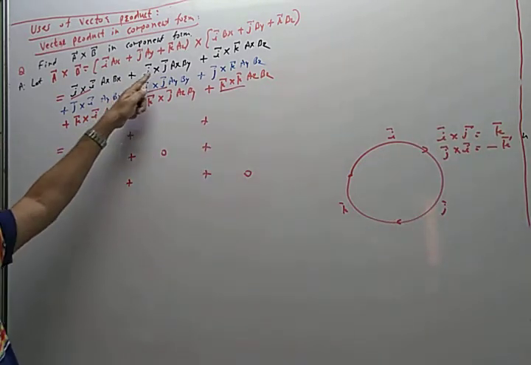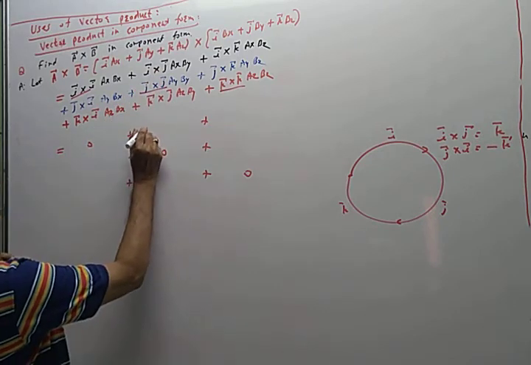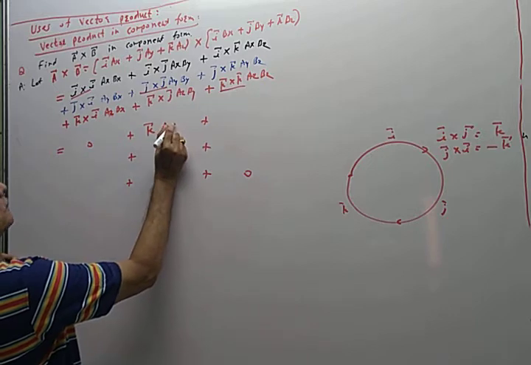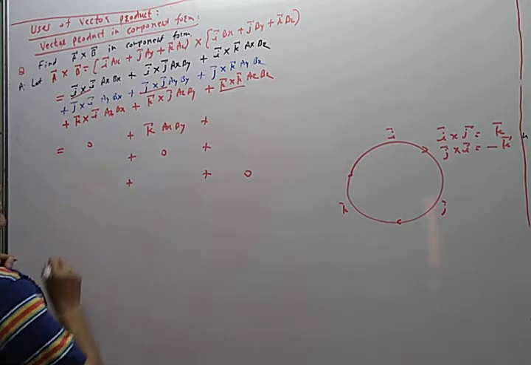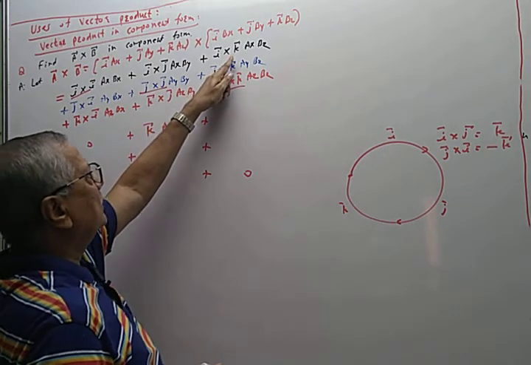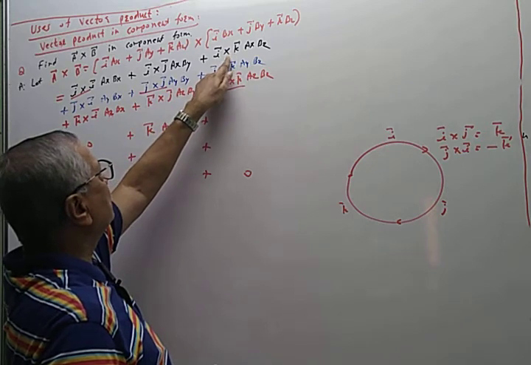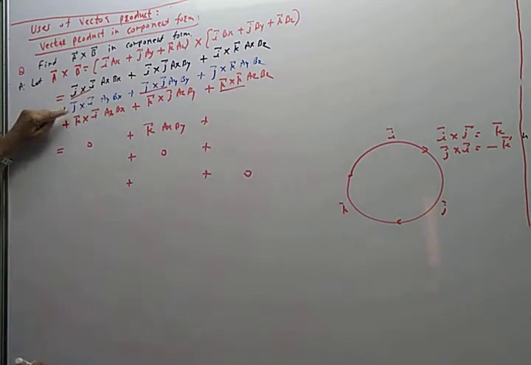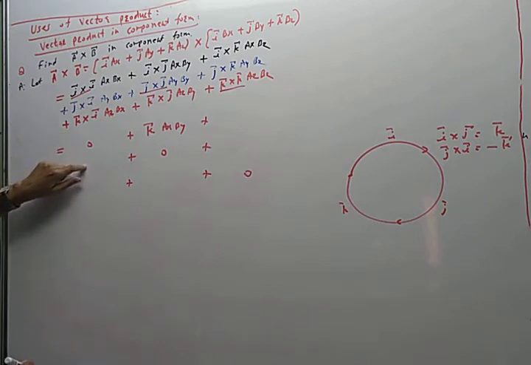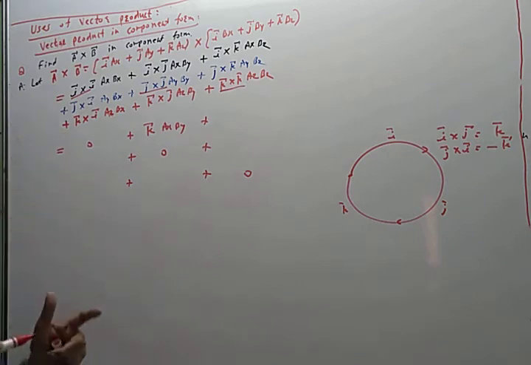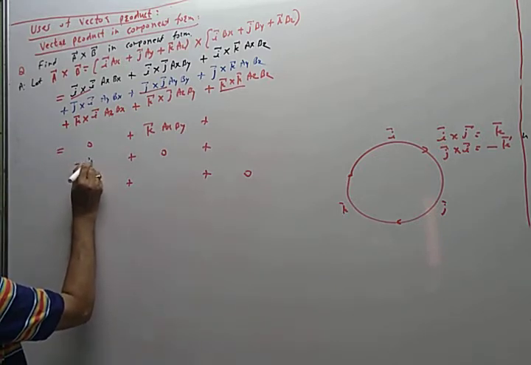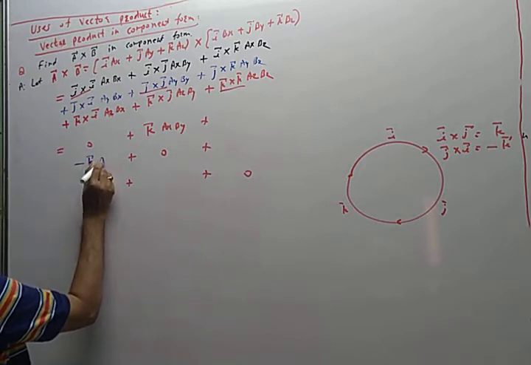So this is i cross j, so this is k times Ax By. Now i cross k, so we will write down this term afterward. Now j cross i is here. So j cross i is equal to minus k, minus k Ay Bx.